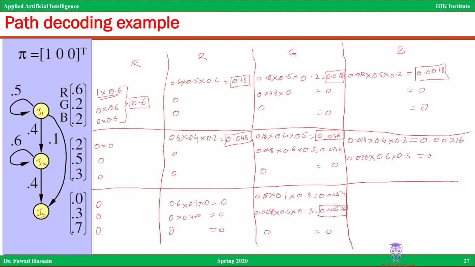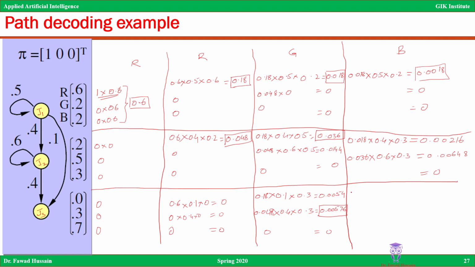This is 0.00648, and finally from the third, there is no way I can move, so anything will be multiplied by 0. So this is simply 0. But it doesn't matter, it could be anyone.